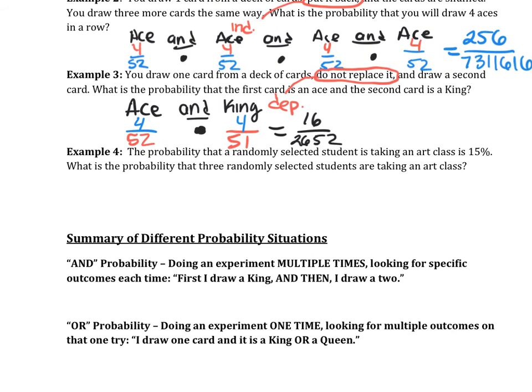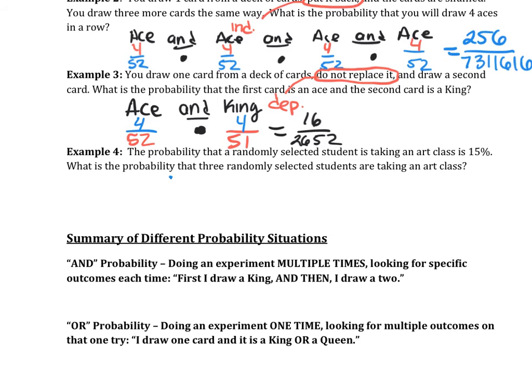Okay, example 4. Probability that a randomly selected student is taking an art class is 15%. What is the probability that 3 randomly selected students are taking an art class? That means we want student 1 to take an art class, and we want student 2 and student 3 all to take art classes.